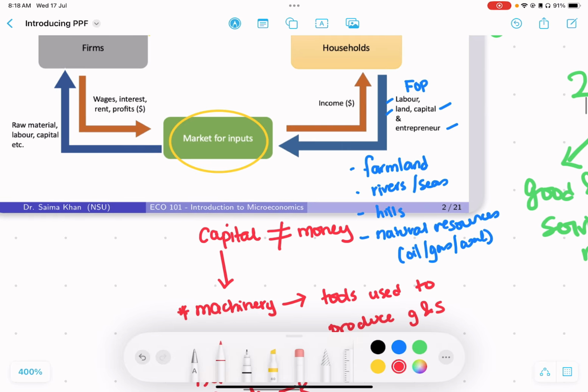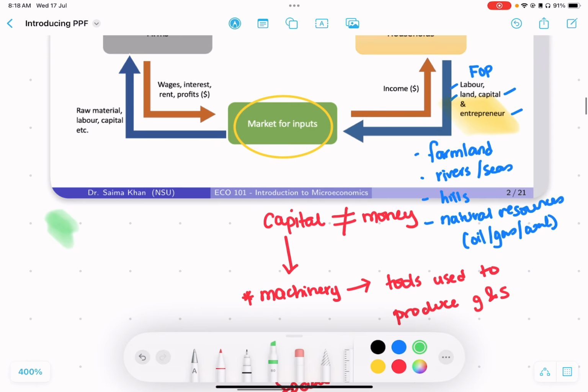Okay. And finally, we come to the word entrepreneur. So what do we mean by entrepreneur? The entrepreneur is the guy who's bringing the land, labor, and capital together. So let's just write it out.